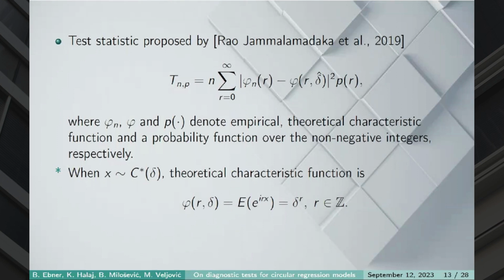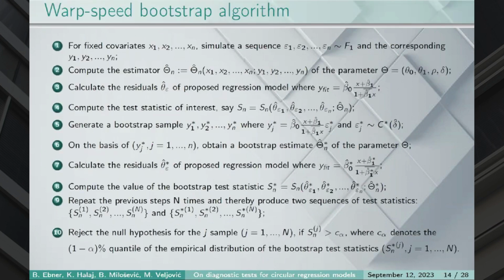So we use the warp speed bootstrap algorithm to estimate sizes and powers. This algorithm works as follows. First, for fixed covariates, we simulate a sequence of angular errors and the corresponding responses. Based on these values, we can compute estimators of the unknown parameters and also calculate residuals and the appropriate value of the test statistic.